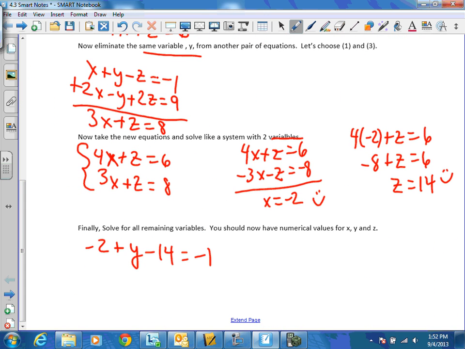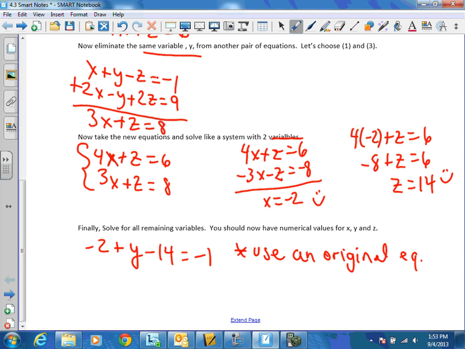Solve for y, plug it into the original. So use any of the original equations and plug both of them in and find one.